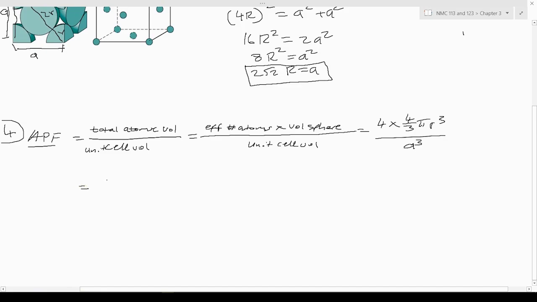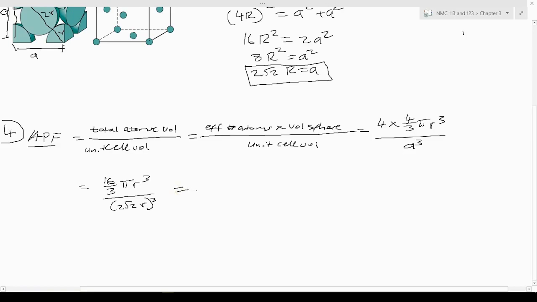And then we can continue to write this as 16/3 pi r cubed over (2√2 r) cubed. And then the radii cancel each other, right?